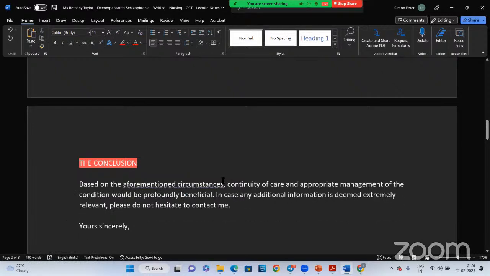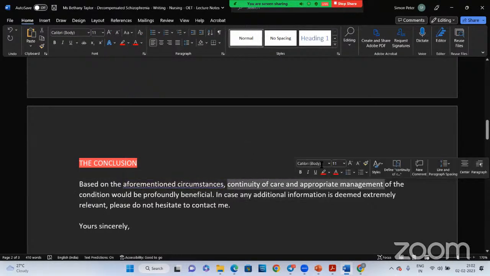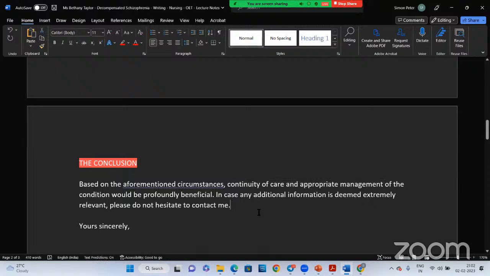In the conclusion, you will revise the introduction and then say that after all these things, based on the aforementioned circumstances, what you want: continuity of care and appropriate management. That is nothing but follow-up of the condition would be profoundly beneficial. In case any additional information, these two sentences must be there in the conclusion.